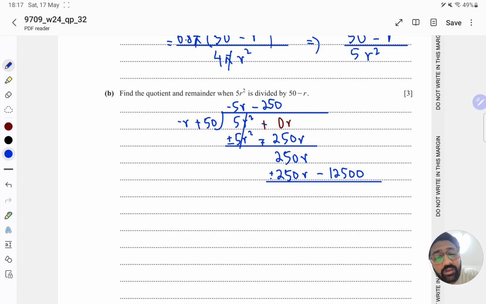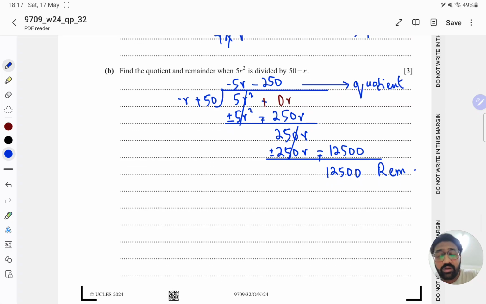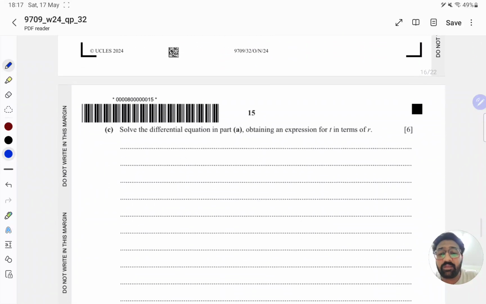The signs are going to reverse. This will cancel out, this is going to be positive, and I'll have 12500. This is the quotient and this is the remainder.